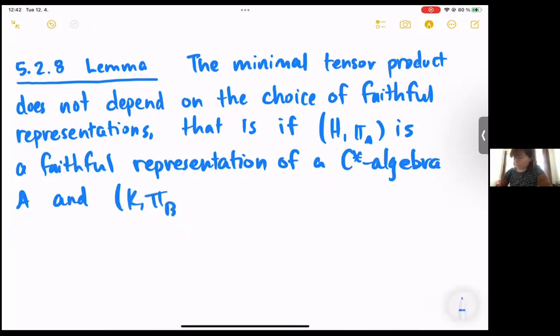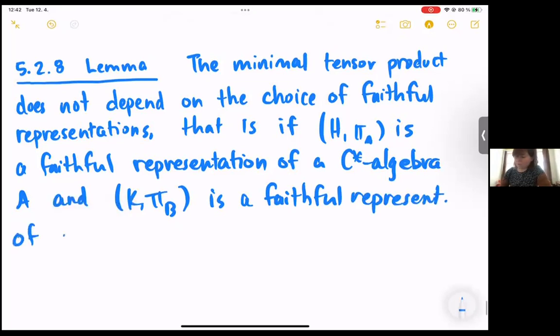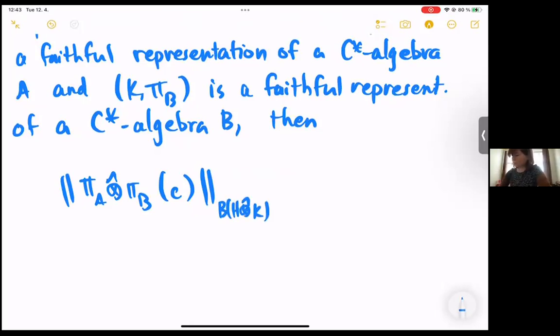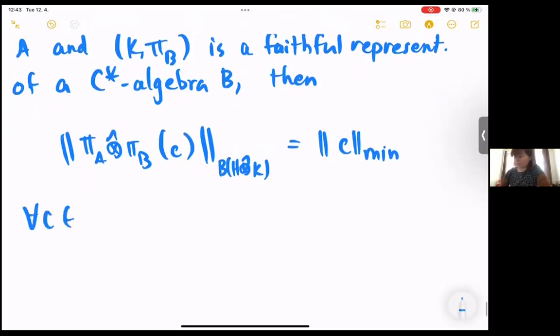K, pi of B is a faithful representation of the C-star algebra B. Then the tensor product representation, take its operator norm in H tensor K. That's just the usual norm of B of H tensor K. This is going to be exactly the C star norm of C min, and that's for every C.